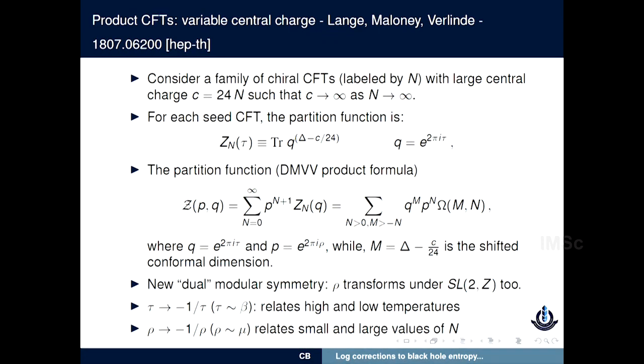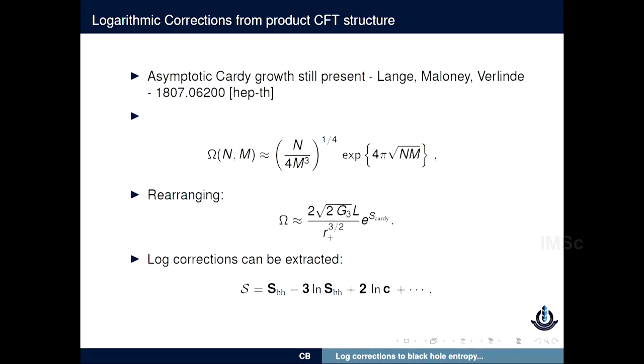So what you have here is a new dual modular symmetry, and rho also transforms under SL(2,Z), just like tau transforms under SL(2,Z). Just like tau going to -1 by tau relates high and low temperatures, rho going to -1 by rho relates small and large values of n. So this computation already existed: Verlinde, Lange, Maloney and Verlinde, in a very nice paper, already computed the asymptotic growth of states, the Cardy growth of states.